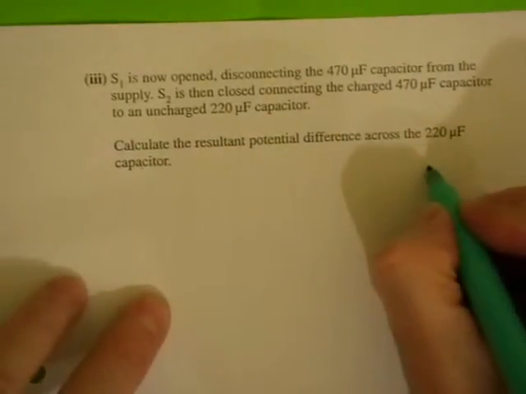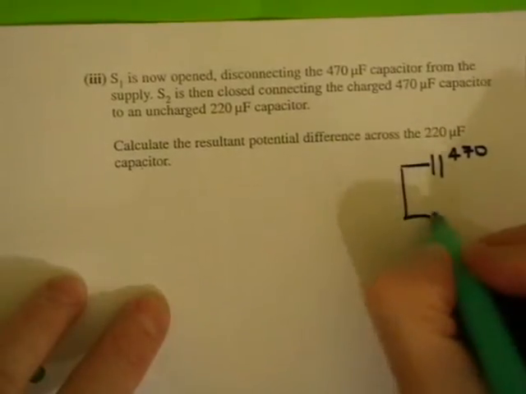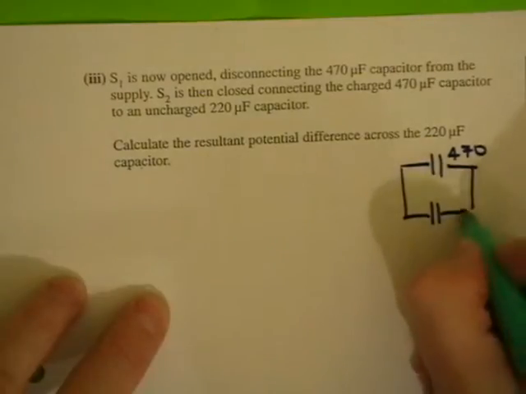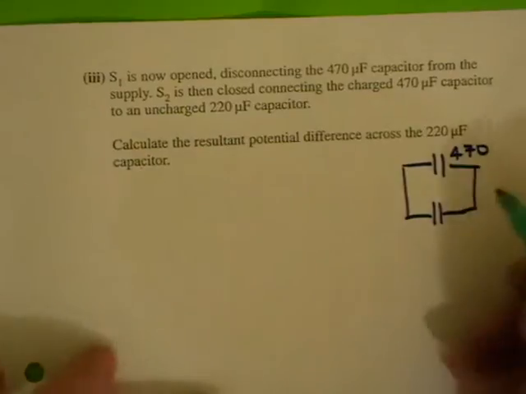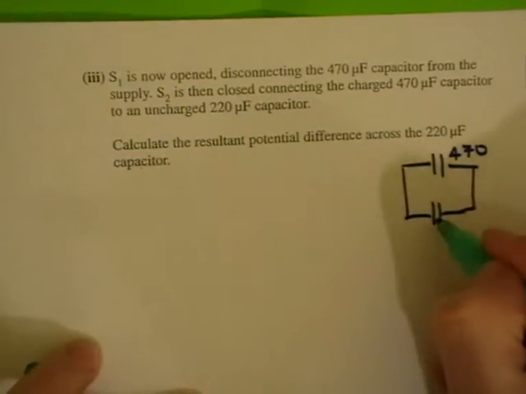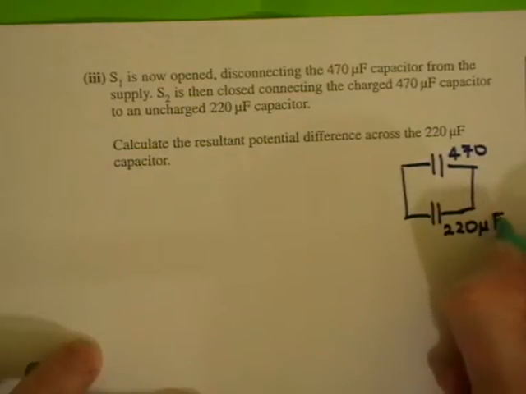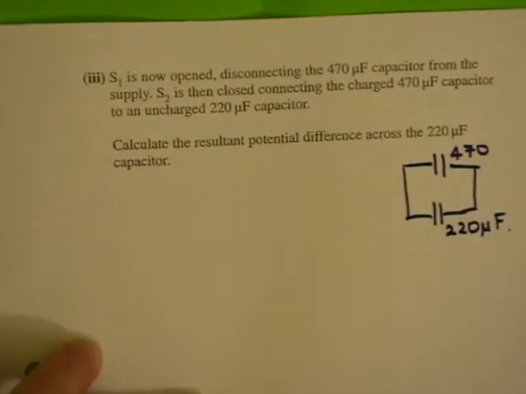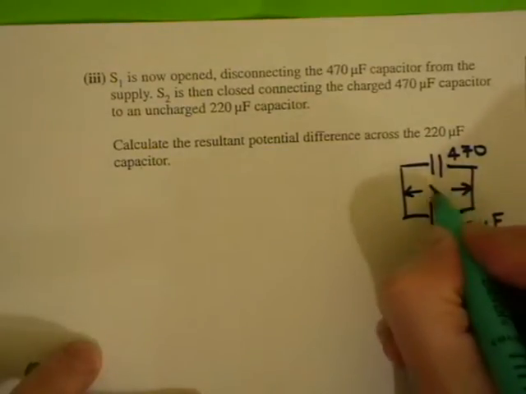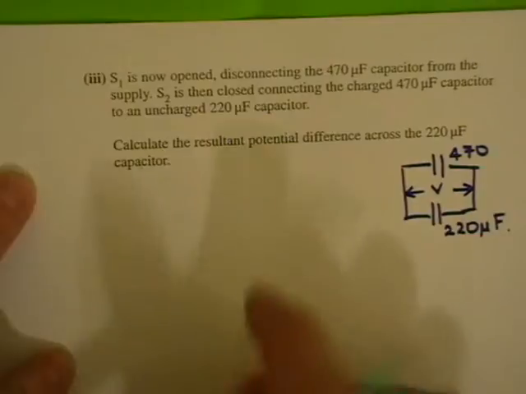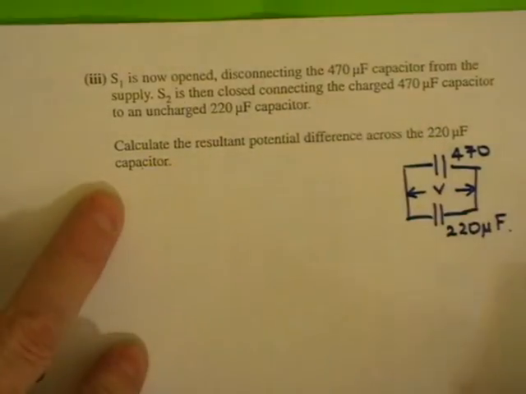So really what we have here now is your 470, which had an initial charge of 5.64 millicoulombs, and it's now going to share some of its charge with this uncharged 220. Its voltage is also going to change, and it's going to settle so that the same voltage is across both of these now. So this is a very standard kind of question.